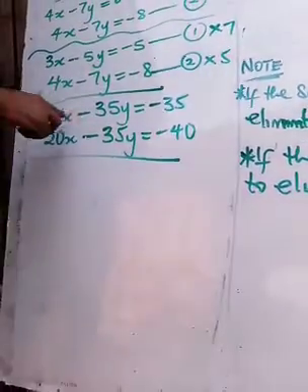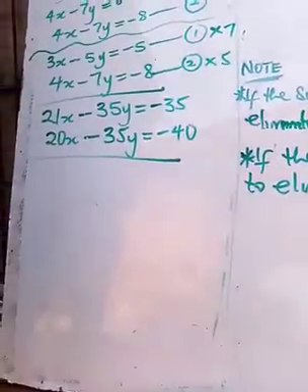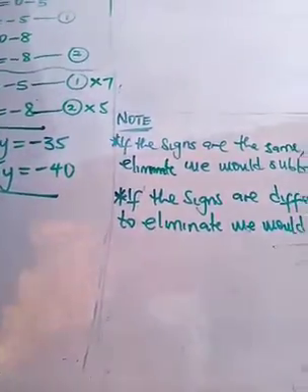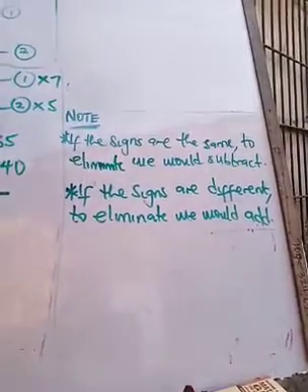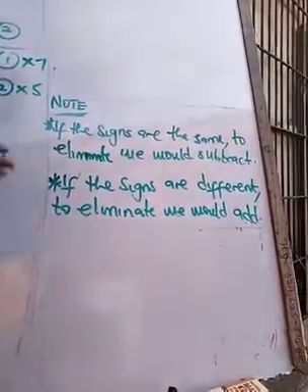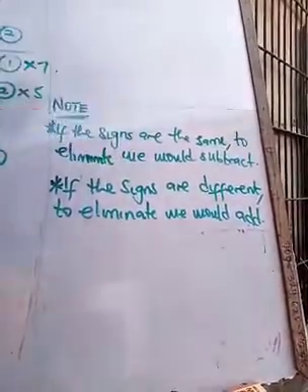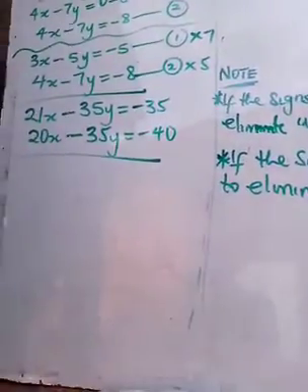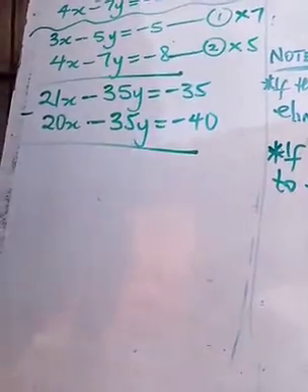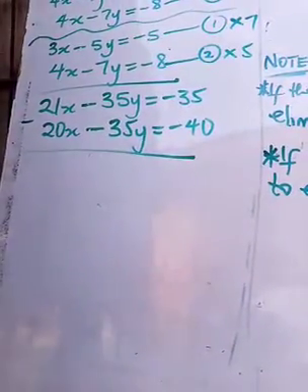The signs are the same. So that means we are going to add to eliminate? No, we are going to subtract, sorry. If the signs are the same, to eliminate, we subtract. Please, I made a mistake there.